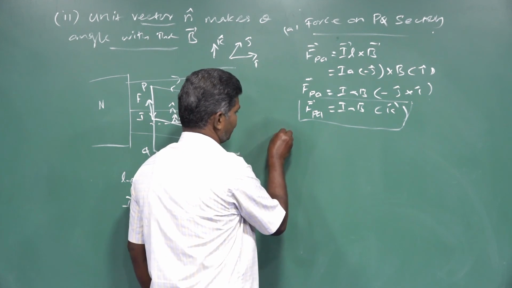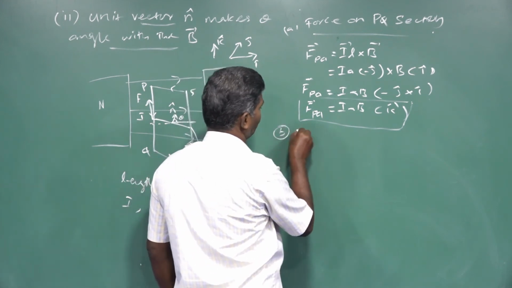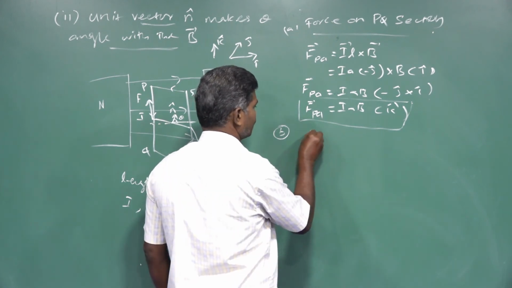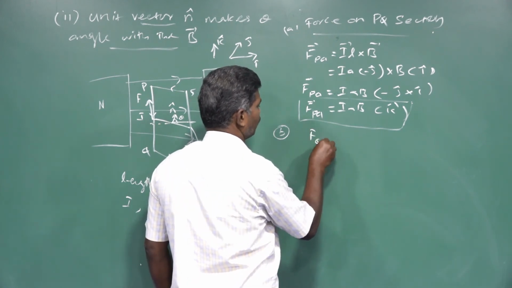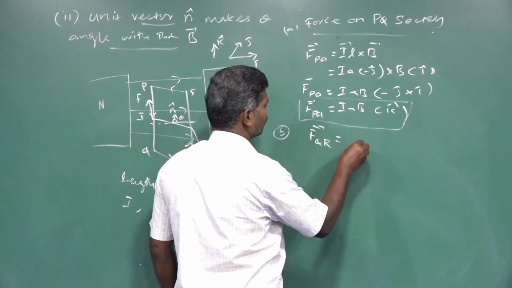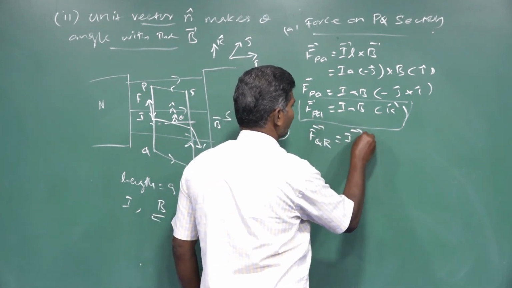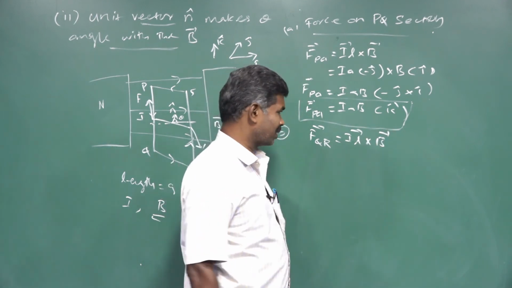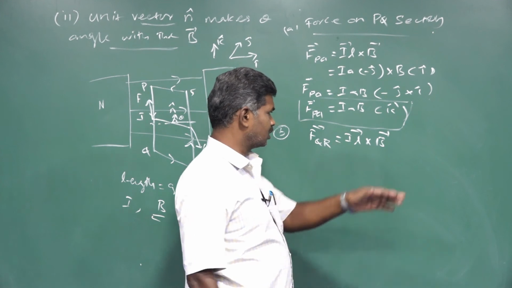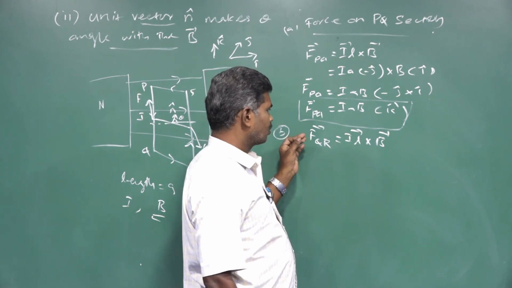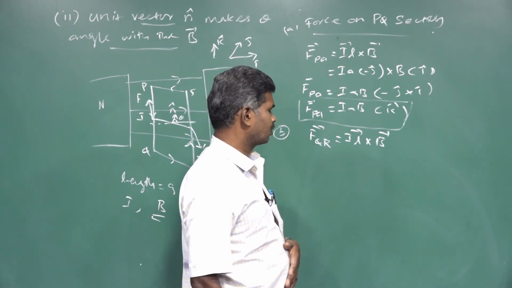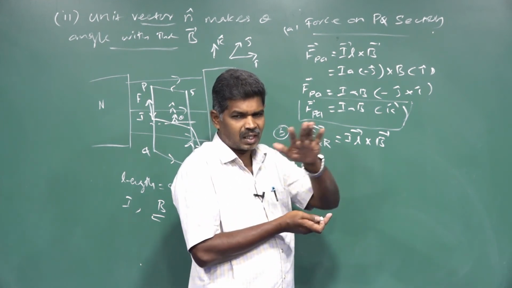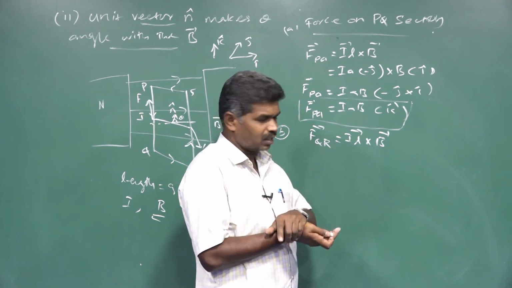Then section B is the force on QR. So that's why we can take F QR vector is equal to, general formula is I L vector cross B vector. In that we have the breadth side and the current is flowing from Q to R, but not parallel to that magnetic field. It makes a certain angle, that is the normal makes certain angle with the magnetic field.